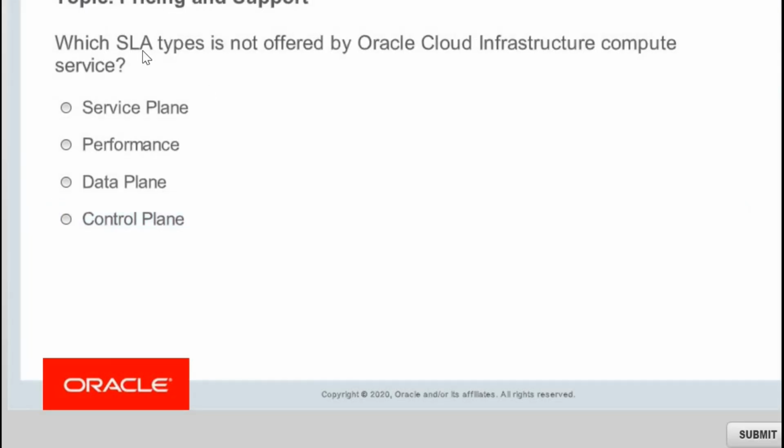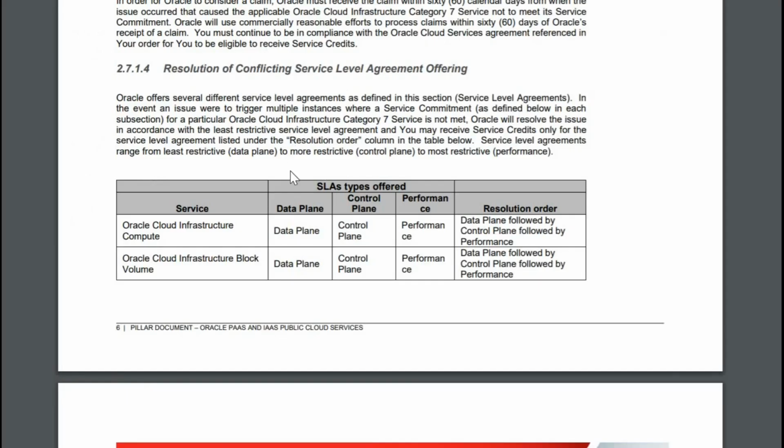Perfect. Which SLA type is not offered by Oracle Cloud Compute Instance or Basic Compute Service? You need to go to the SLA document, so let me show you the SLA document. This is the SLA document. You can see the SLA types offered. We have data plane, control plane, performance.